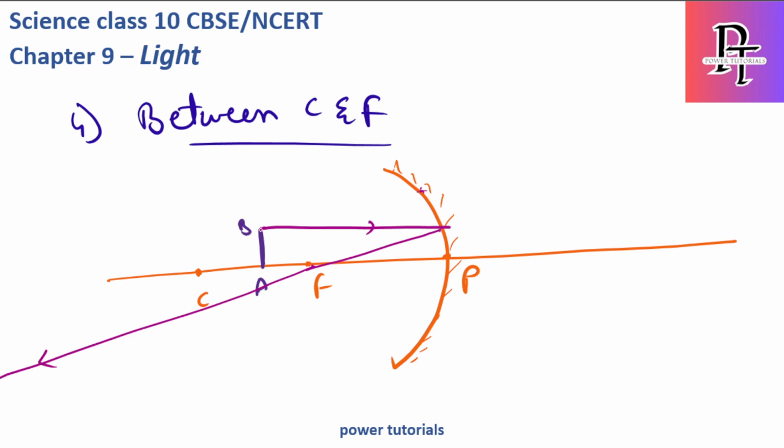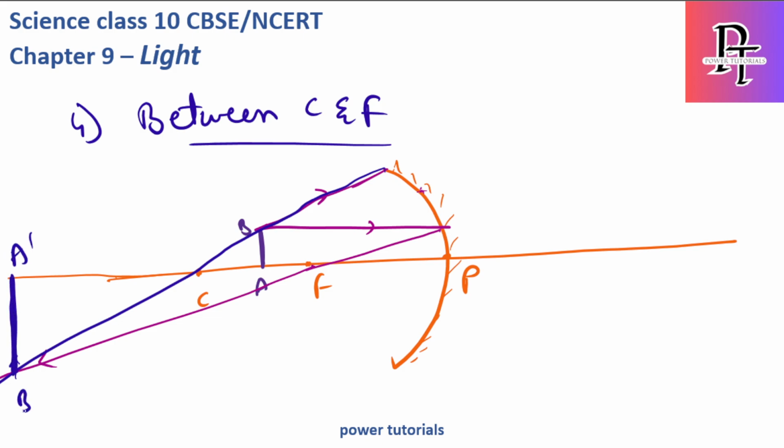And if they have used a ray passing through the center, we'll do the same, because invigilators in the exam prefer NCERT textbook concepts. Let's take a ray passing through the center, somewhere here. If this is passing through the center, then I told you the reflection will be in the same direction. It gets somewhere here. Now if you notice the size of the object and the size of the image, this is the image, which is A dash B dash.